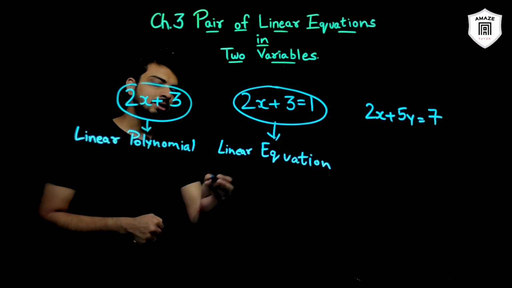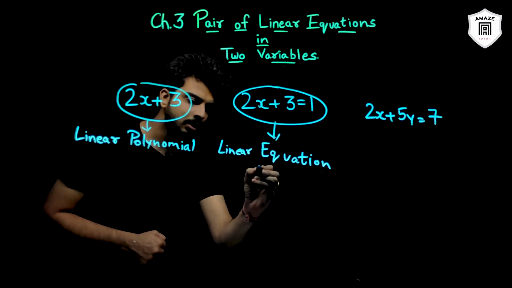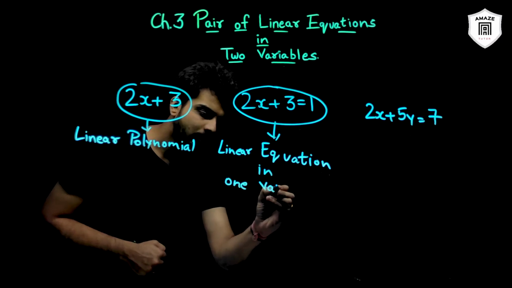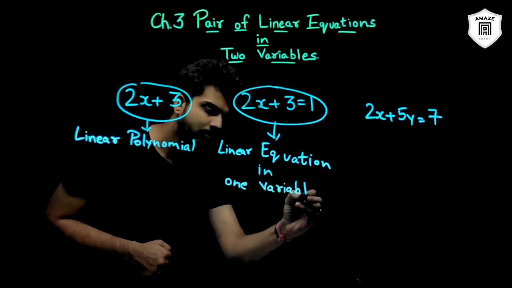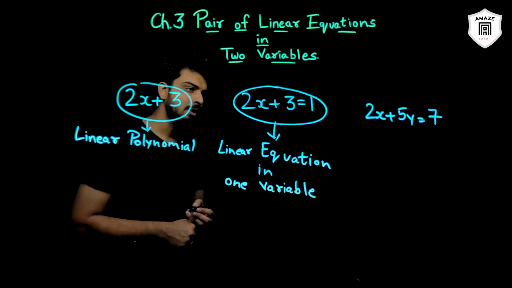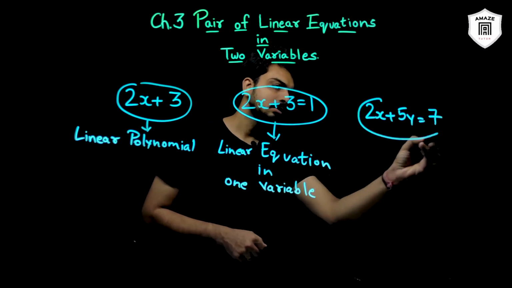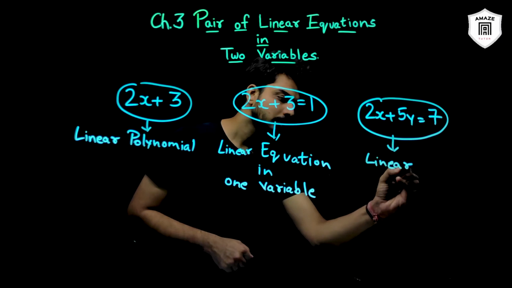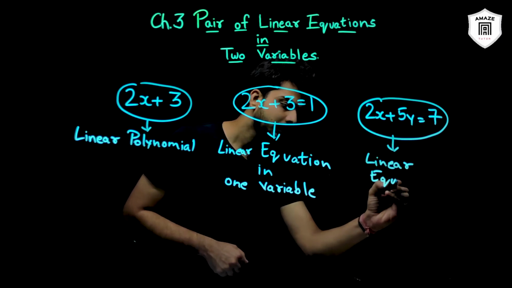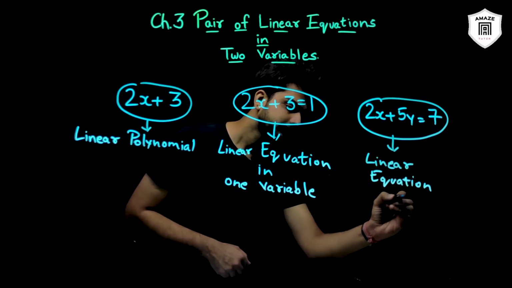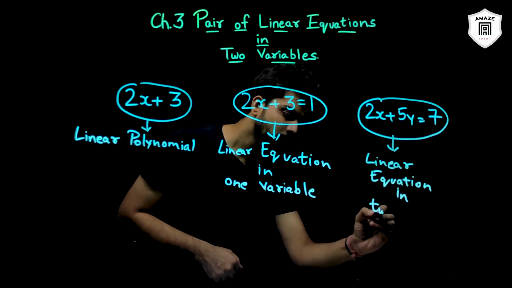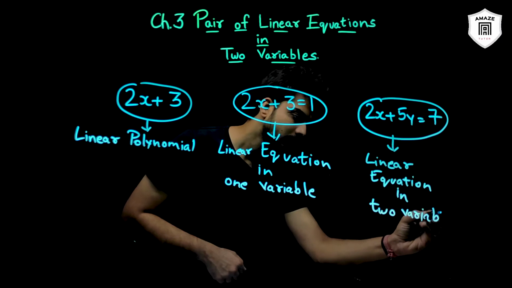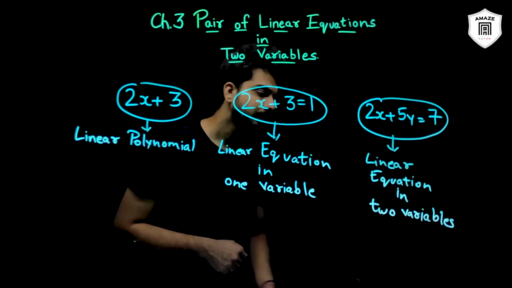So we can call this one as linear equation in one variable, because only one variable is used in this linear equation, and this is linear equation in two variables, right?